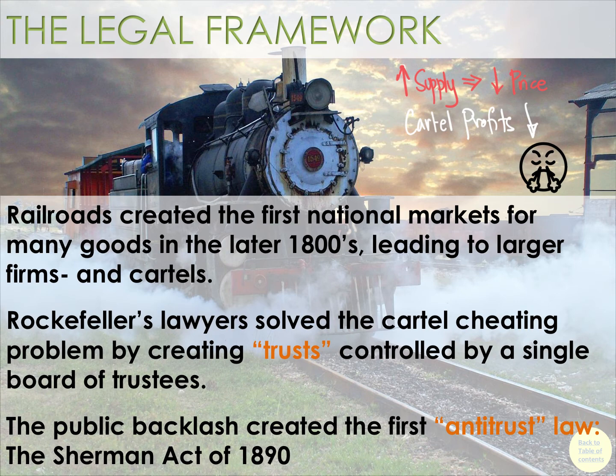So Rockefeller figured out a way around it by creating trusts controlled by a single board of trustees. And that solution and determination to screw over the public to add more profit to already powerful and rich firms and people resulted in quite a public backlash and your first anti-monopoly laws in the late 1800s.